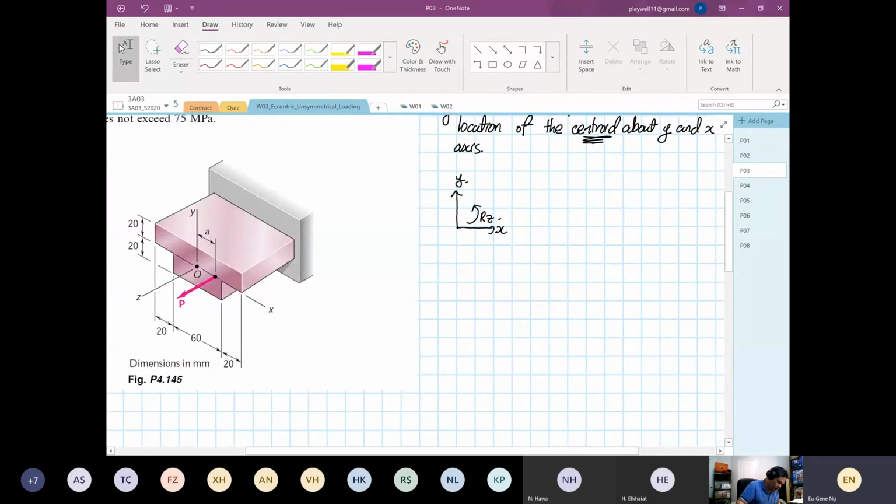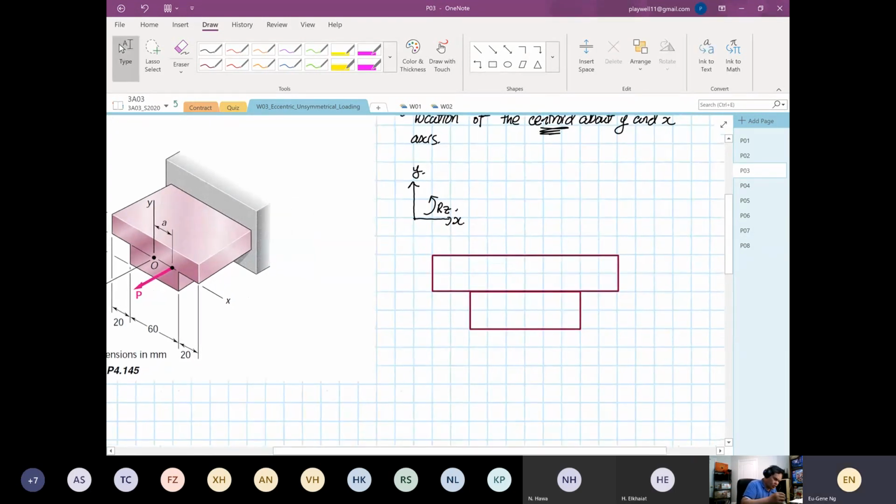Okay, so we're going to sketch this out. This is our cross-section view. Right, so do we have another one? Beam below.